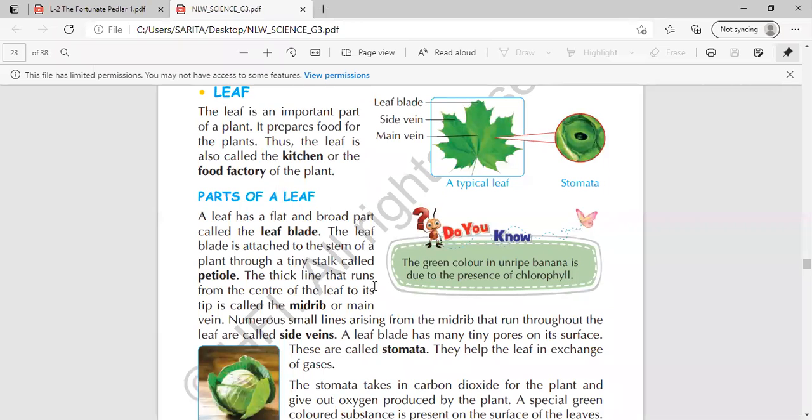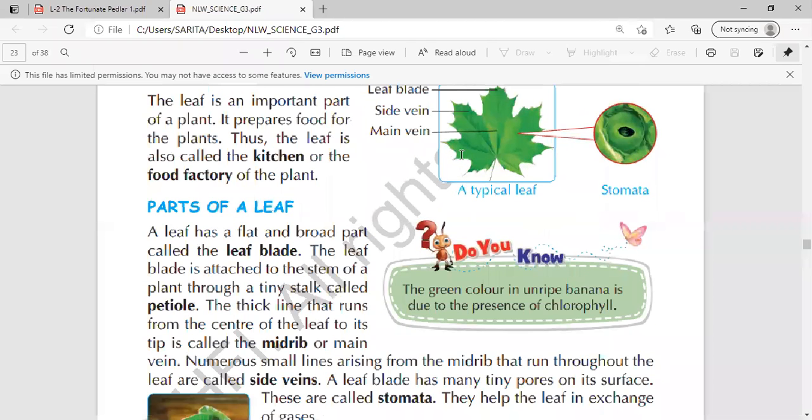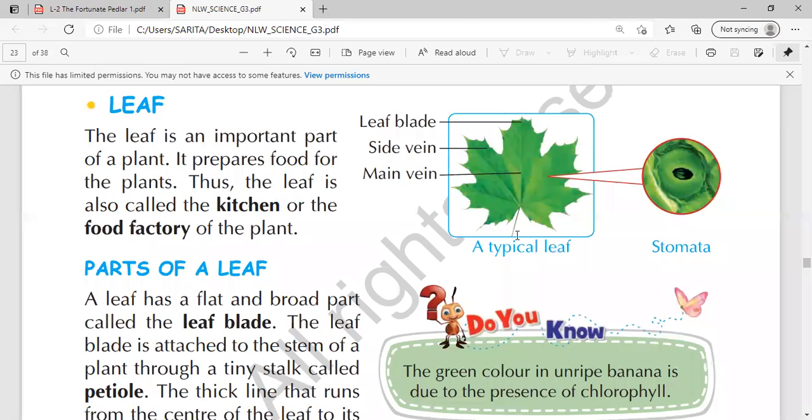The thick line that runs from the center of the leaf to its tip is called the midrib or main vein. Look here. This is the petiole, and here it goes, this thick line.